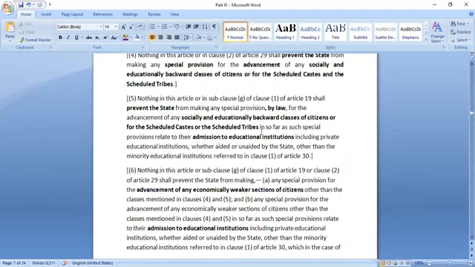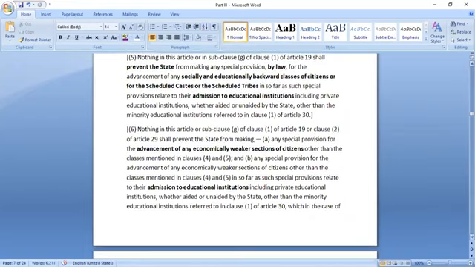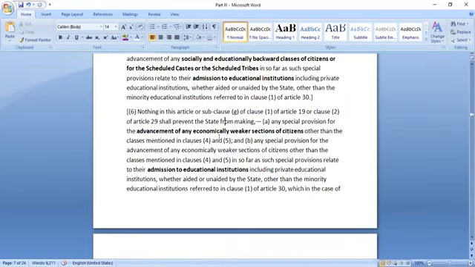So they do not need to pay the tuition fee. But the private schools are still charging fees for co-curricular activities, though tuition fees would be waived off under this provision. And this is regarding the advancement of economically weaker sections of citizens.